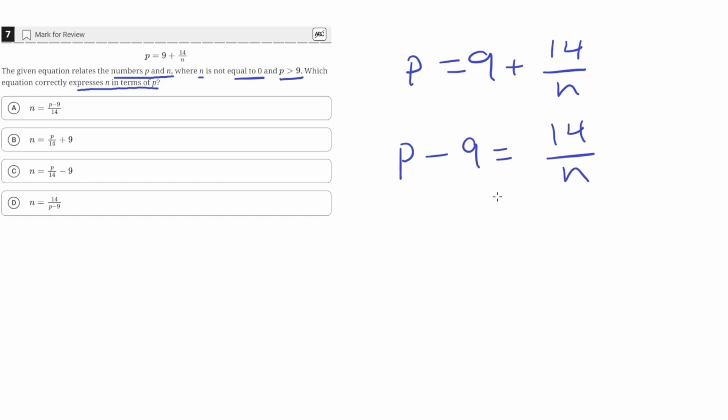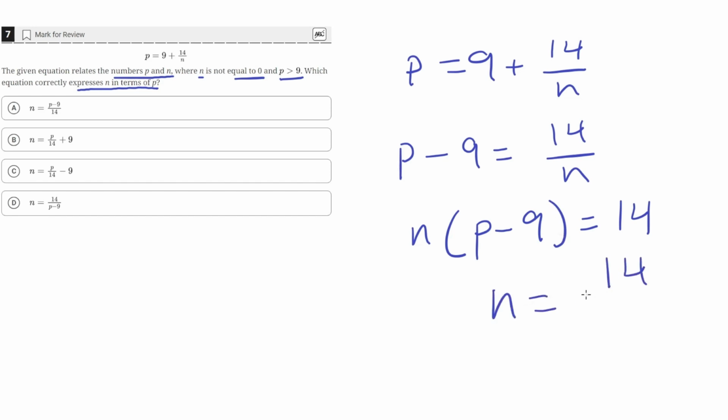And then we can multiply both sides by n, so we get n times p minus 9 equals 14. And then we want to get n alone, so we can divide both sides by p minus 9. So we get n equals 14 over p minus 9, which is equal to answer choice D.